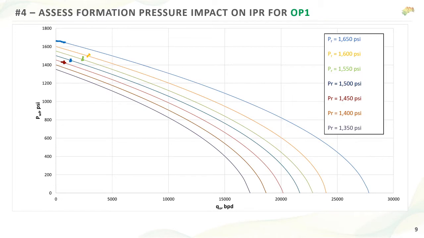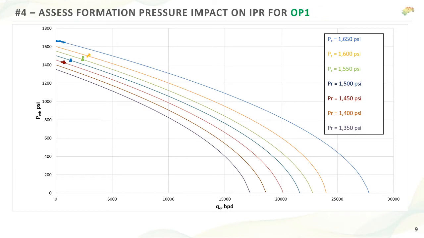Another thing we can deliver is IPR. So now, as we have the whole history of formation pressure, we can build several IPR curves for any given formation pressure, and we can build a model, for example a Vogel model right here, to fit all this data that we see, and then we can actually try to predict what would be our IPR later on as we deplete the reservoir even more.